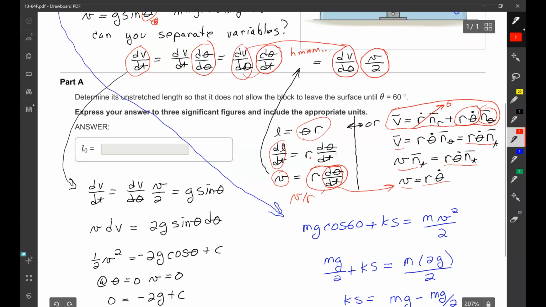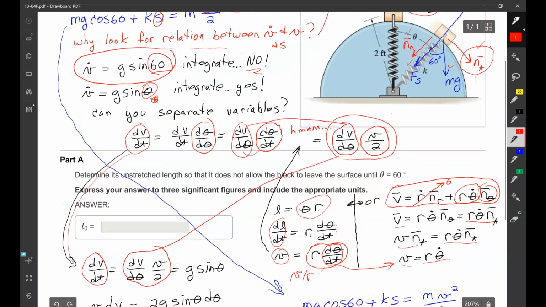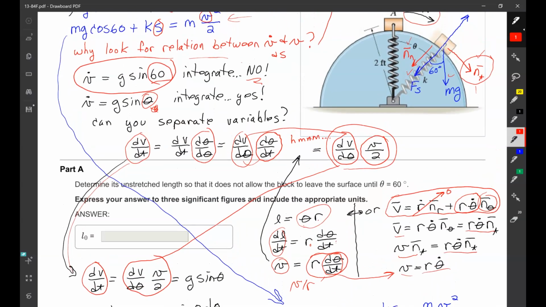Here, dv dt, v dot, from up here, equals this term right here, dv d theta, v over r. And dv dt, from this equation right here, equals g sine theta.